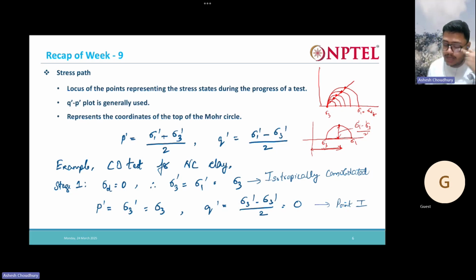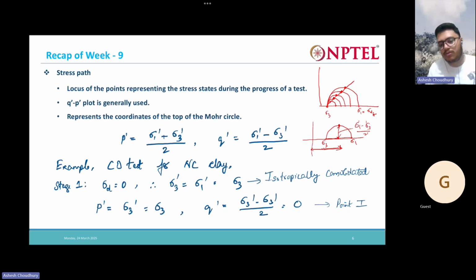There are practical situations where a soil element or a rock element can be in an anisotropic condition, meaning in all three directions it can have different stresses, right? In that case, anisotropic consolidation would be a more accurate representation.